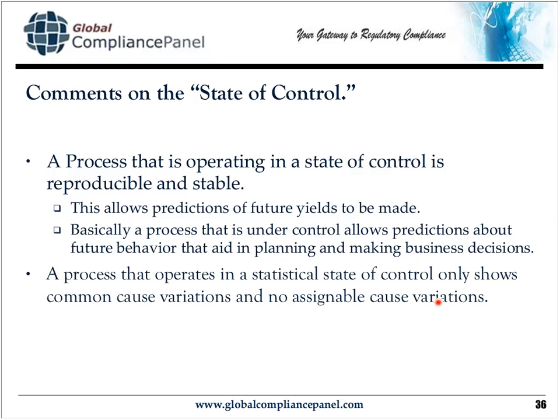But it's not a special thing. So this is the whole thing about getting to a state of control: you minimize your losses and you minimize your problems because of variations in your system.